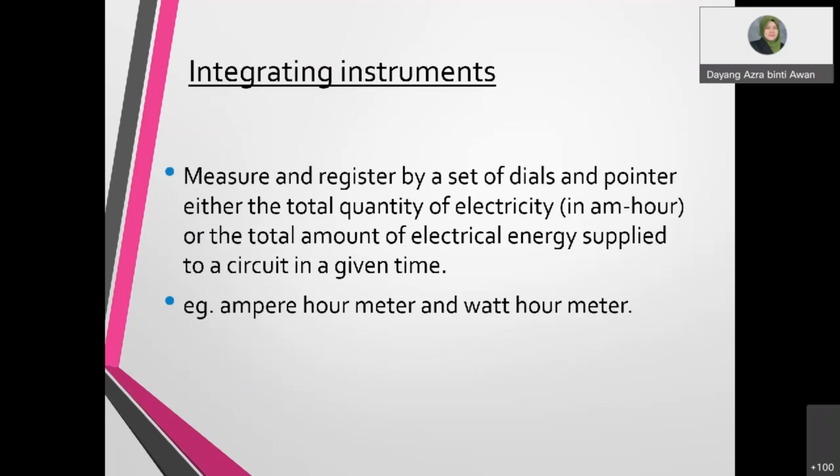So this gives you ampere hours and watt hours. We have three types. Indicating is instantaneous, recording is recording the data first and then displaying, and integrating is integrating your input value into a specific new value.